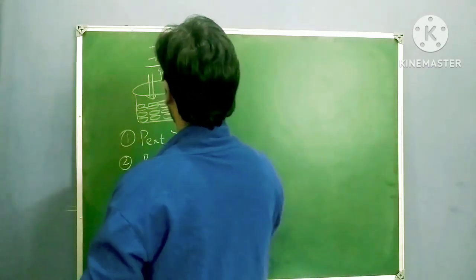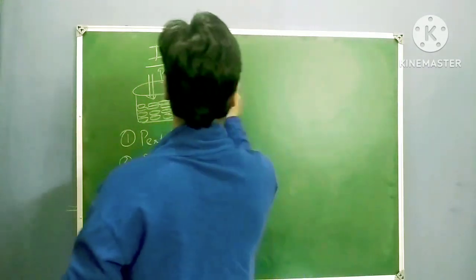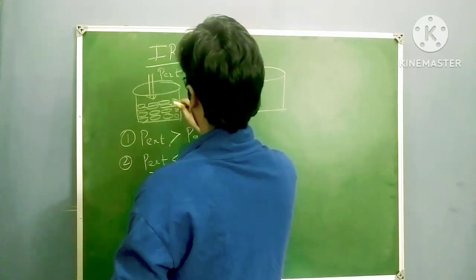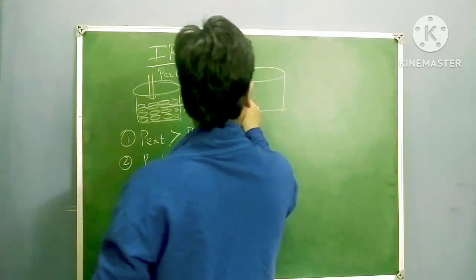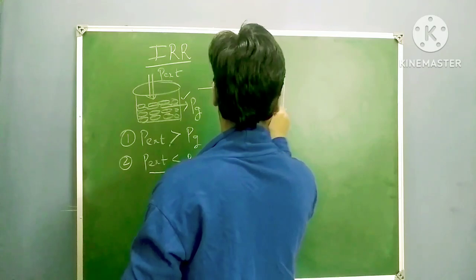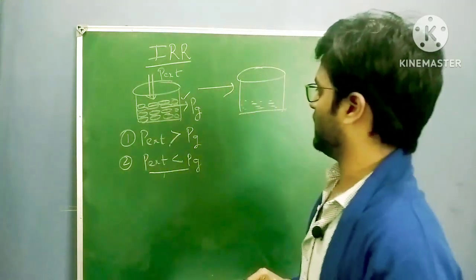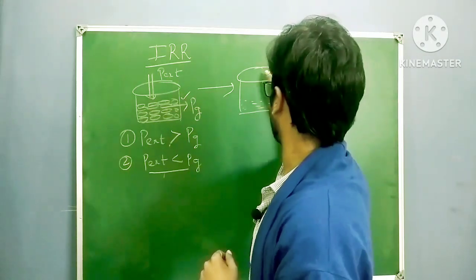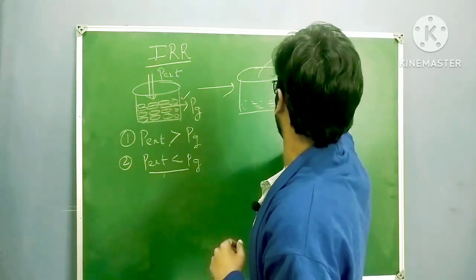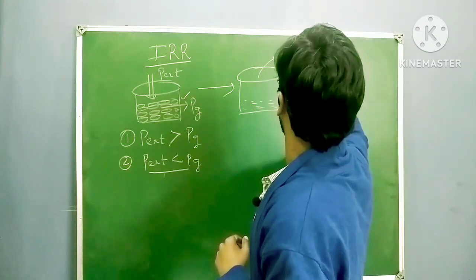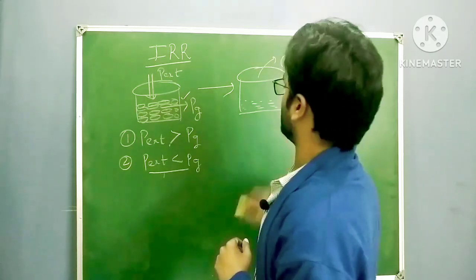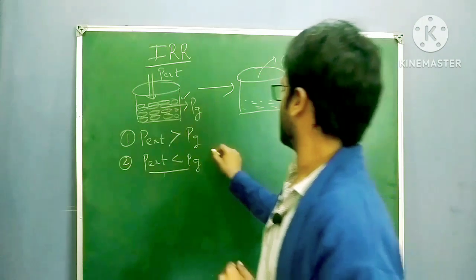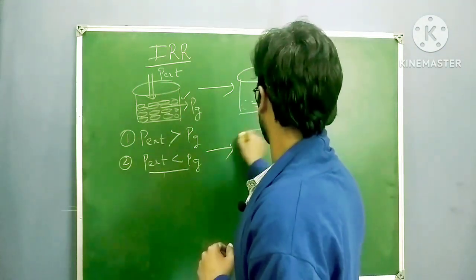See, whenever this external pressure is high, my container is like this. Now the gas is at this level. So external pressure is greater than internal pressure. So this is called compression. Now whenever external pressure is less than the pressure of the gas, this is nothing but your expansion.